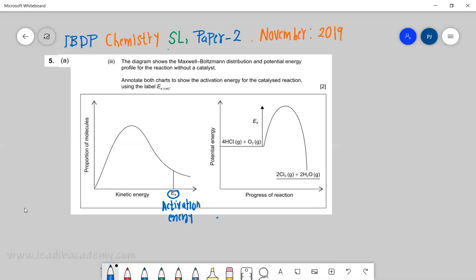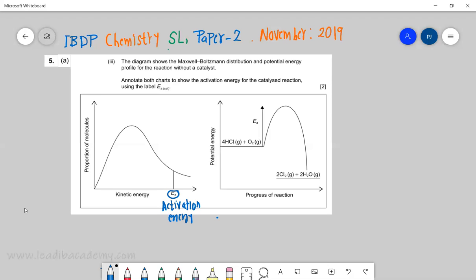It means that any molecules possessing energy less than the activation energy are useless for carrying out the reaction, unless they possess that minimum energy, then only they are useful. Extremely important concept to be understood.